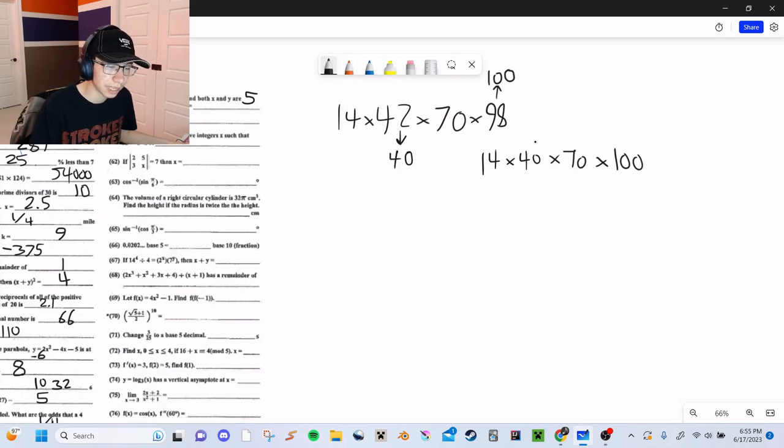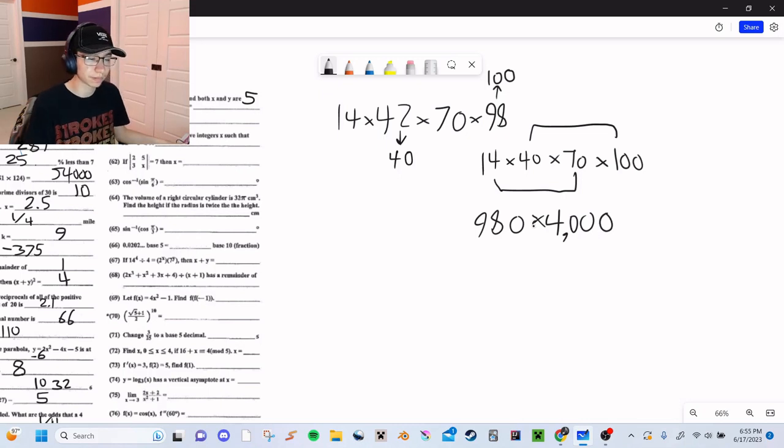And I can multiply these two and these two. That's going to get me 980 times 4,000, my bad. So, I just multiply these two.